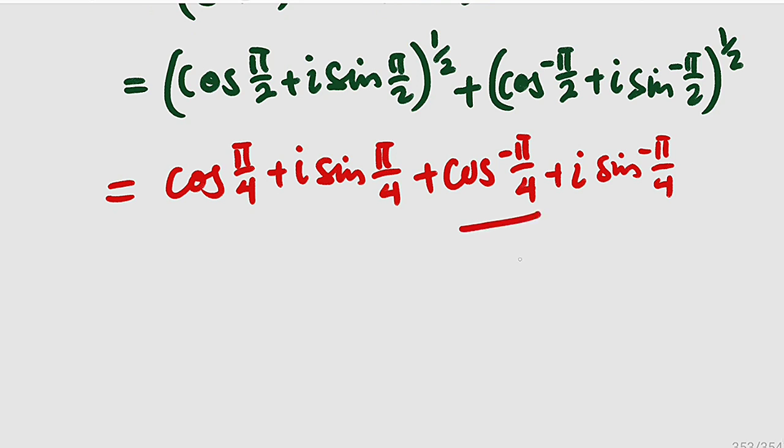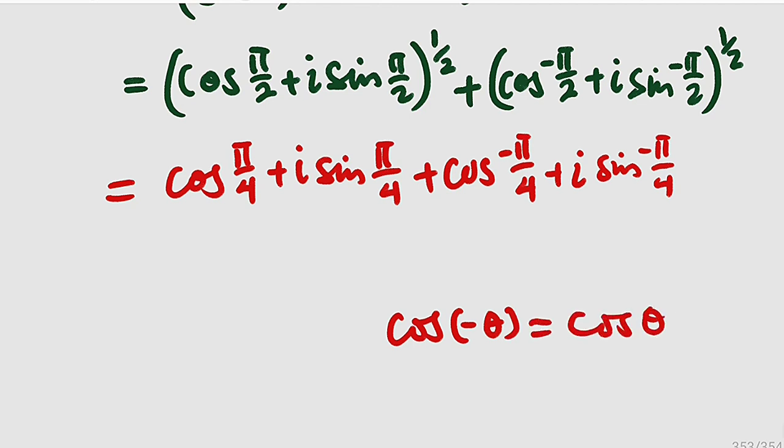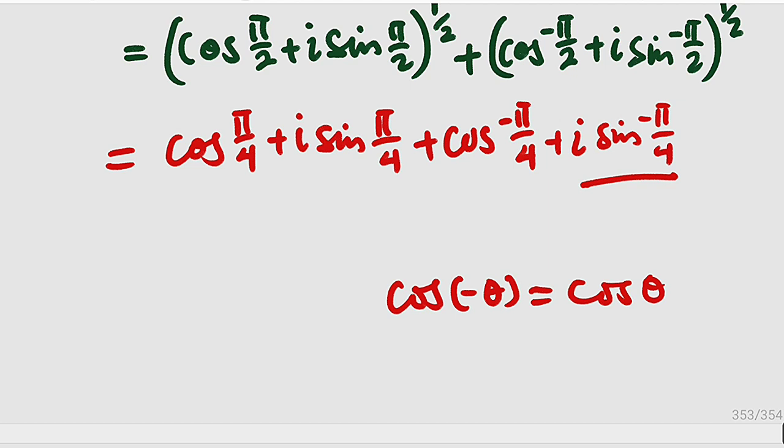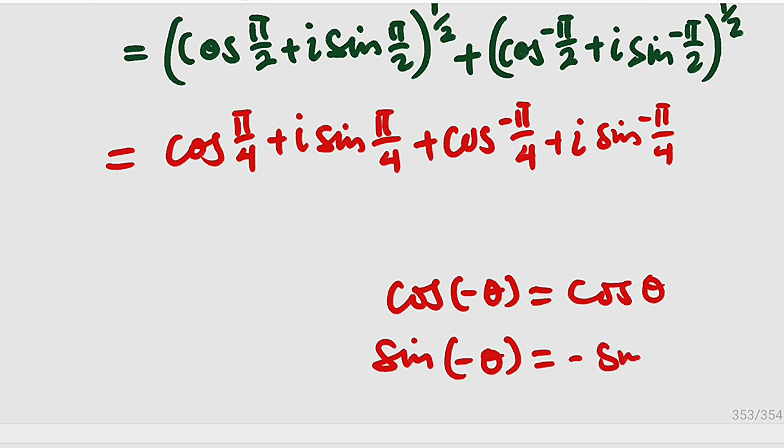Remember that cosine is an even function. Therefore, cosine of negative theta is equal to cosine of theta. But sine is an odd function. Sine of negative theta is equal to negative sine of theta, right? That's what we are going to apply here.